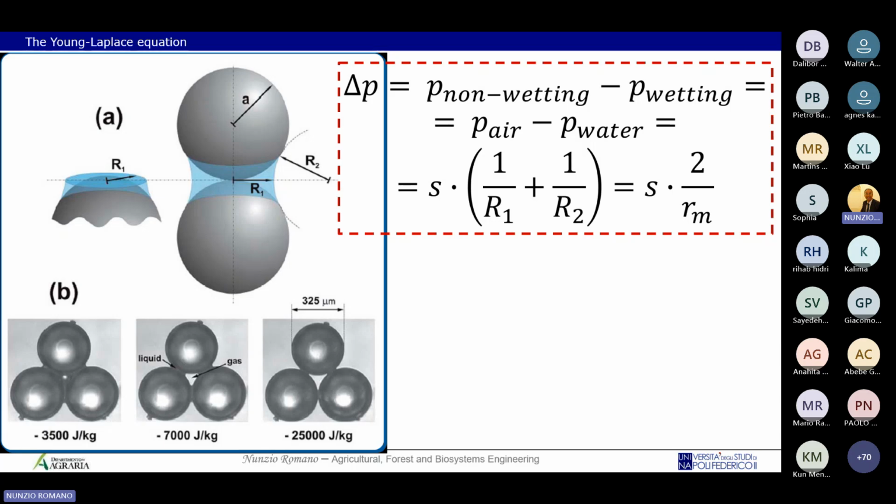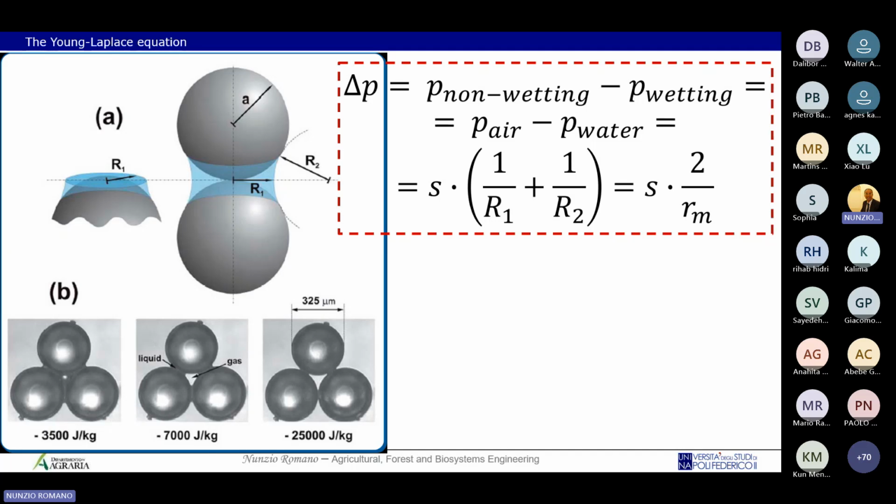Just to know, I don't want to leave this concept apart, but it is important. And you can see that as the amount of water becomes lower and lower between the spheres, you have the meniscus, the curvature of water is greater, and this phenomenon is governed by the Young-Laplace equation.